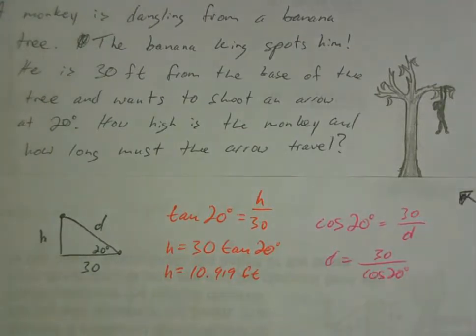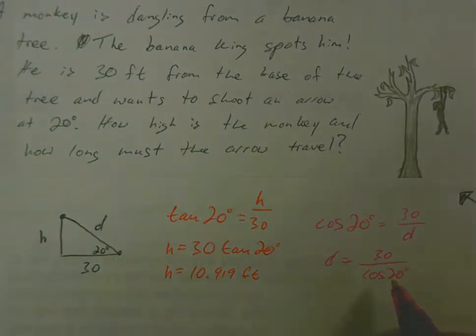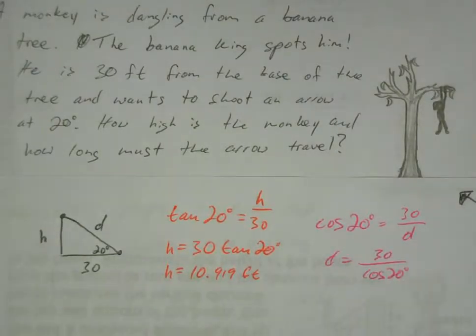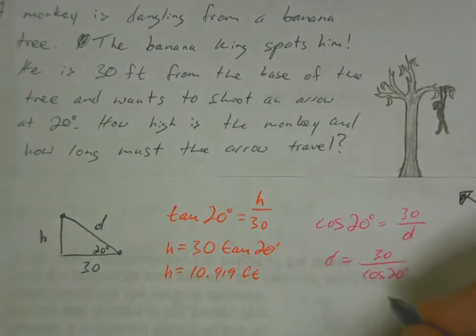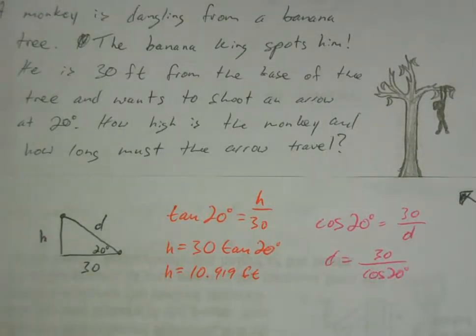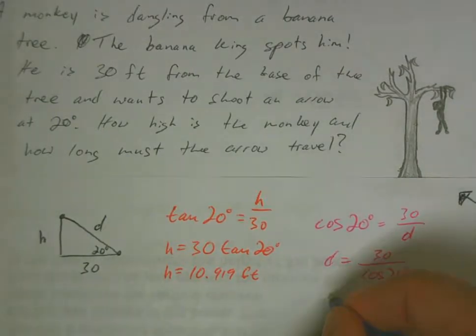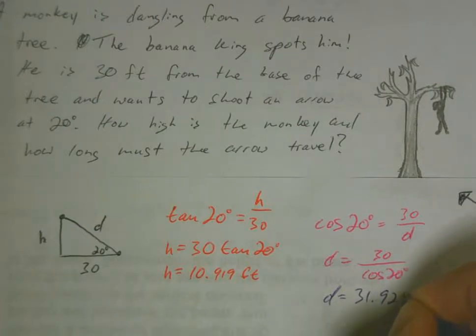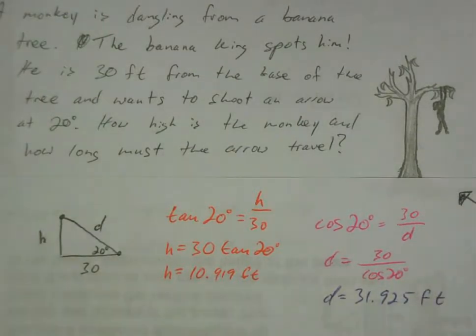If you're confused about how I got there, look back at our previous problem where I had to multiply by the variable and then divide by the function. Then I will just type that in my calculator as I see it. Just make sure you are in degrees again. So 30 divided by cosine 20, the distance is 31.925 feet.